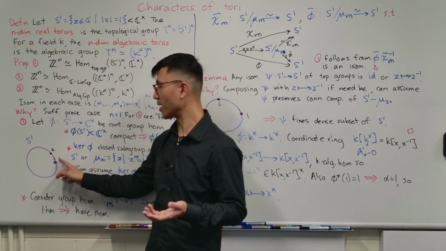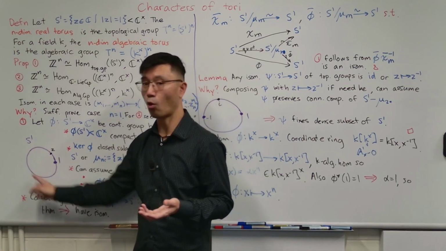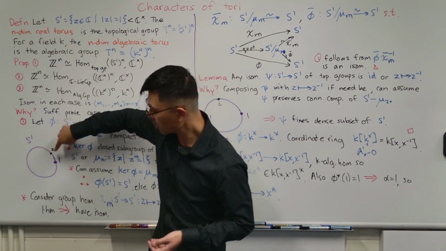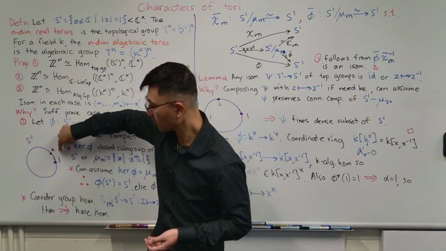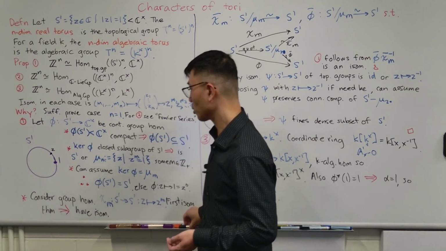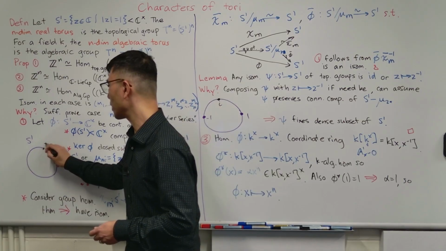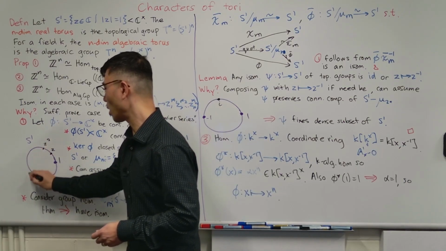So that means that, in fact, since it's a closed subgroup, you'll have all of S1. So you can find some z which has a smallest possible positive argument. Then you look at the powers of it. So you may look at z squared like this, z cubed, and you keep going around.